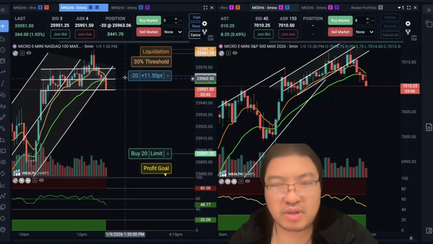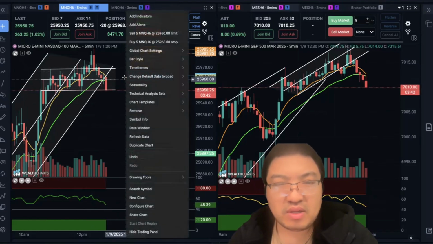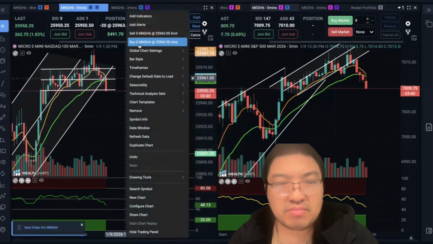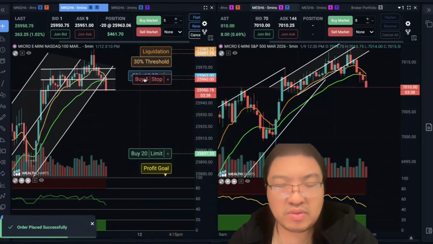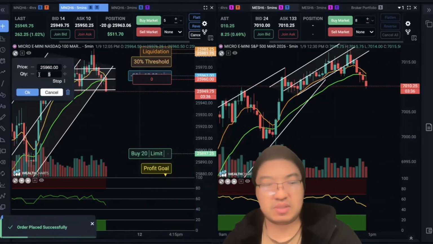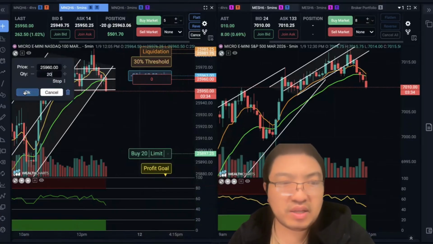Oh, the alarm, it looks like the alarm stops. So I can set a stop loss here. Buy. Make sure I never lose for this trade.